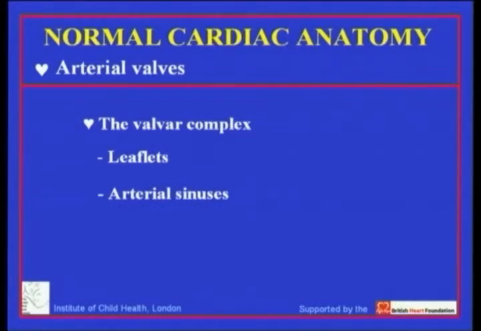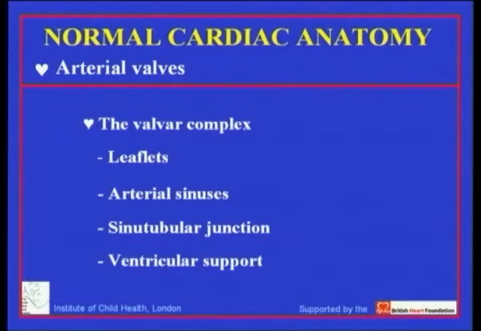The leaflets are supported within the arterial sinuses, the sinuses being the working parts of the arterial root. And then another key part of the valvar complex is the sinutubular junction. And finally, there is the ventricular support.